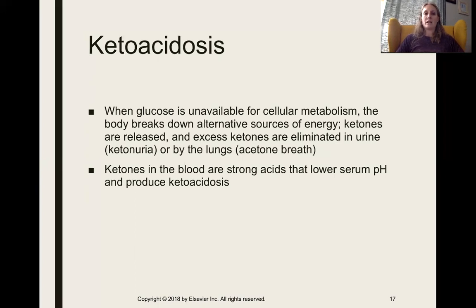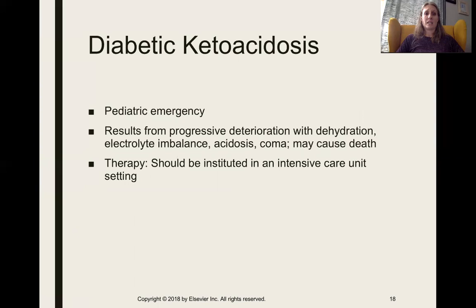Ketoacidosis is a dangerous state to be in, especially diabetic ketoacidosis. We're going to consider diabetic ketoacidosis a pediatric emergency because of how quickly these kids can be affected by this. And the treatment is going to include decreasing the blood glucose, so frequent monitoring and the administration of insulin.